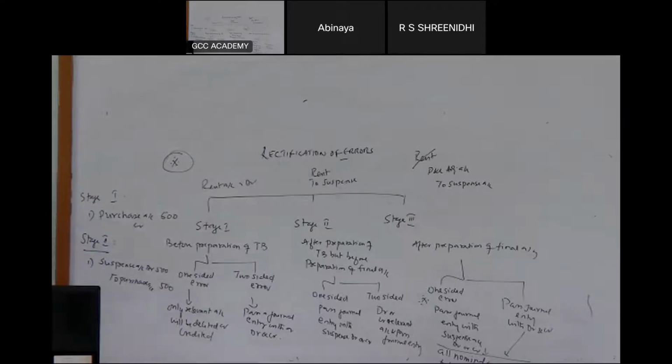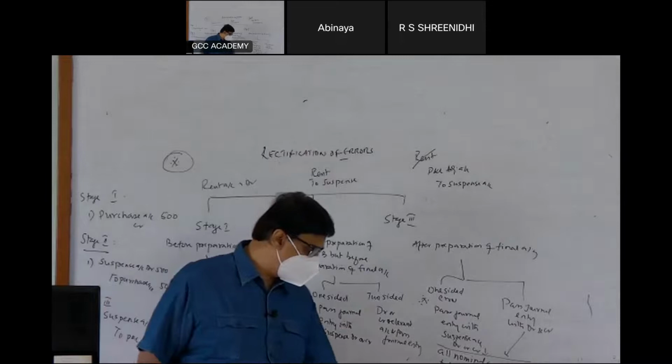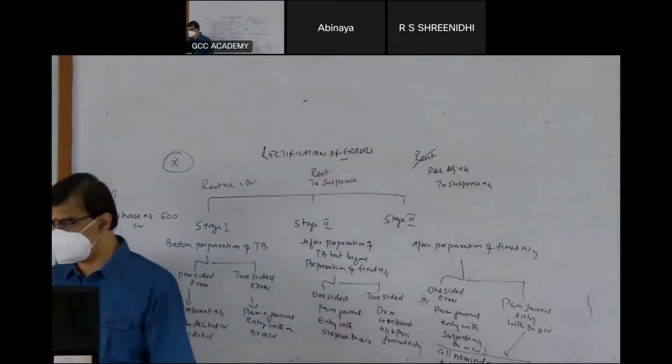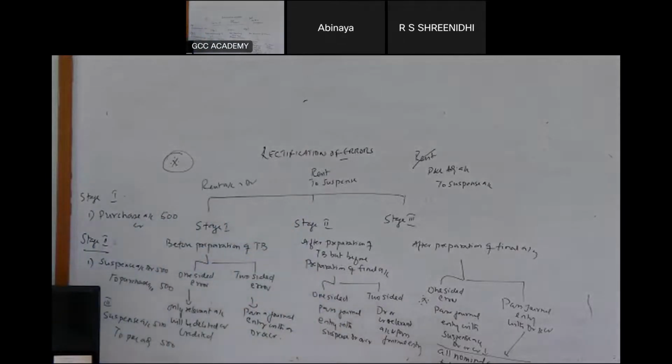This is stage 2. What is stage 3? Very good. Correct. Suspense account debit to P&L adjustment account. That is the entry for overcast of purchase book. So are you able to differentiate it now?